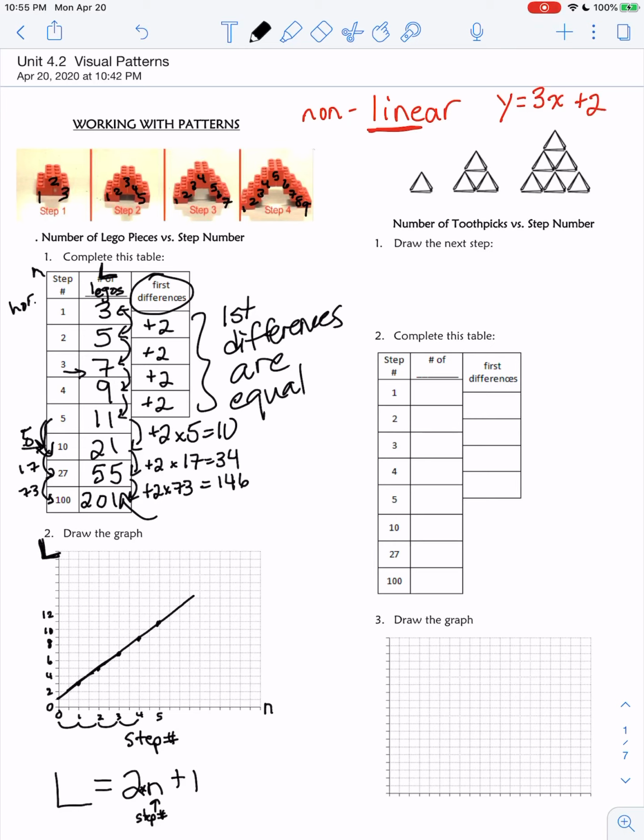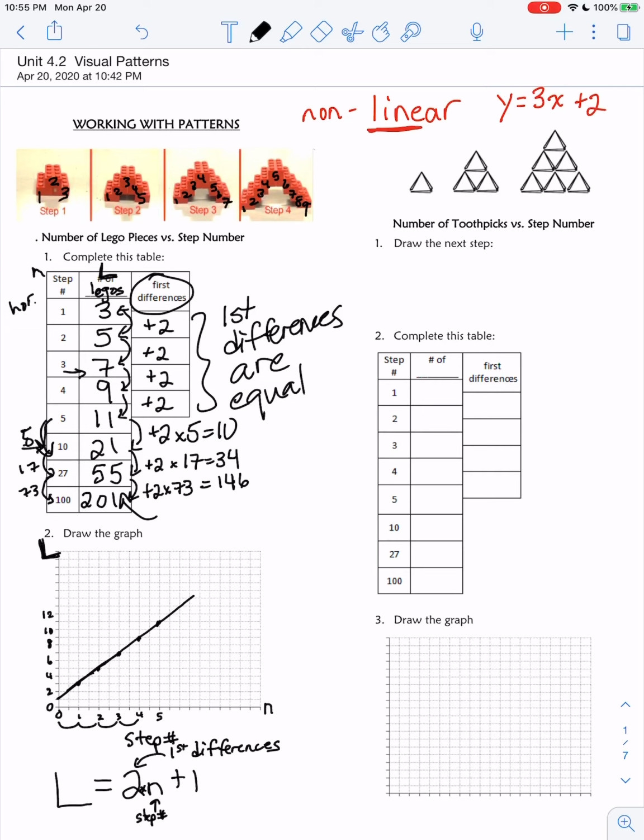So whatever the first differences are, that's the number that gets multiplied by n, plus 1, and that will get you to the equation. So let's take a look at the next example.